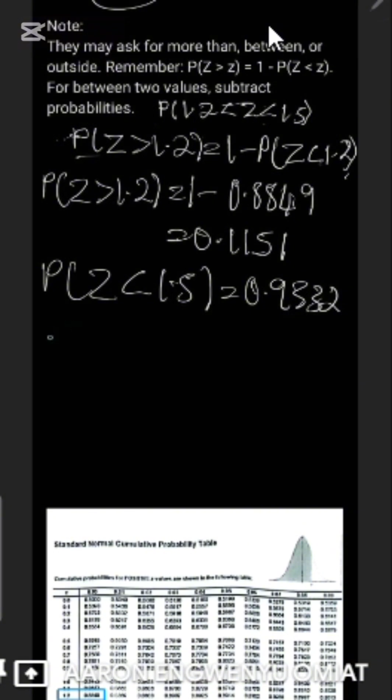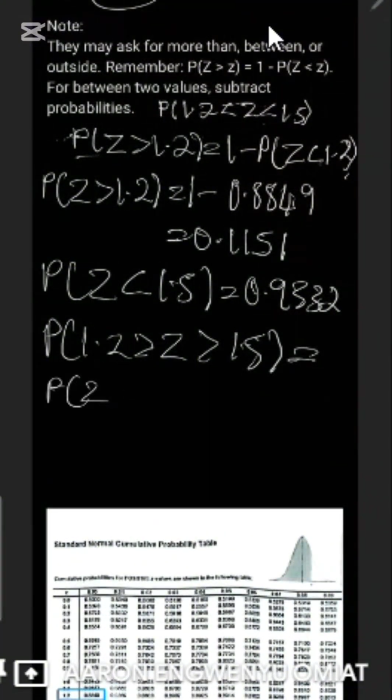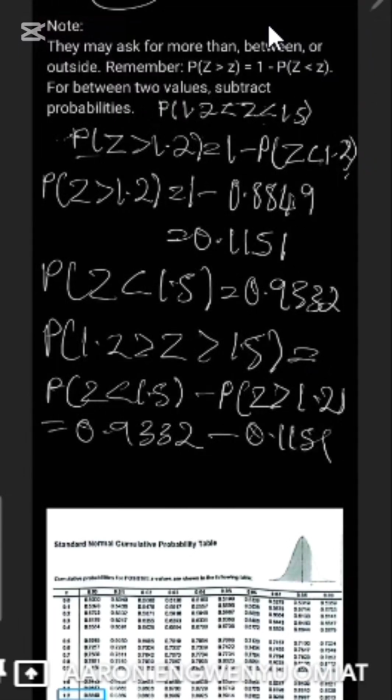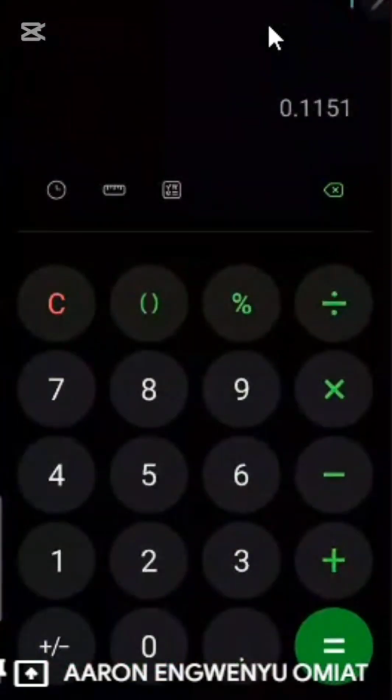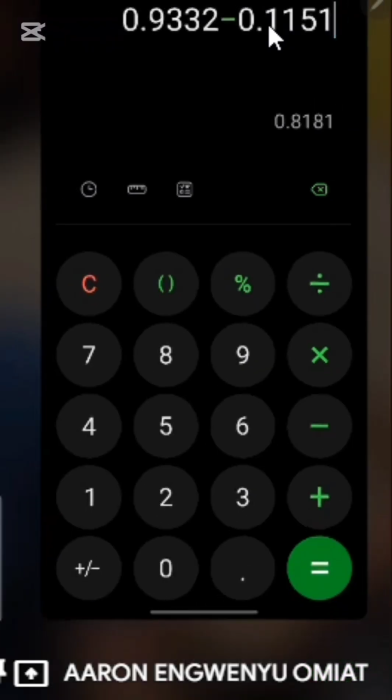So the probability of z being between 1.2 and 1.5 will be equal to probability of z less than 1.5 minus probability of z greater than 1.2, which is 0.9332 minus 0.1151, which is 0.8181.